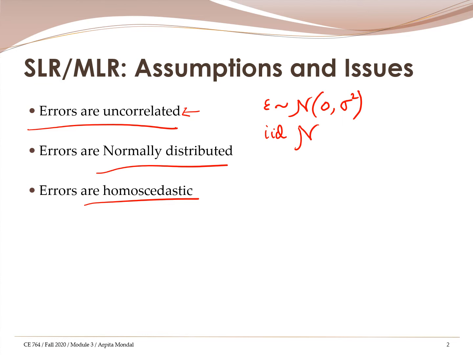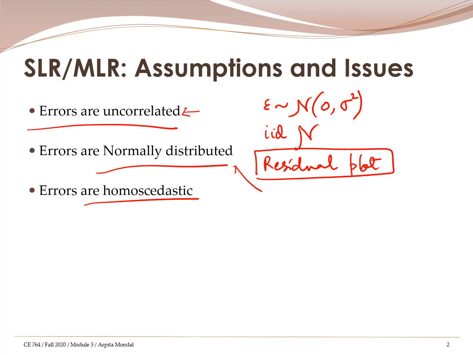Now there are ways and means to check these assumptions and how they are holding true or not. There's a plot which is a diagnostic plot called the residual plot, and I'm going to discuss the residual plot subsequently in greater detail. So this is a diagnostic plot which can help us test whether these assumptions are true or not, and whether they are normally distributed.